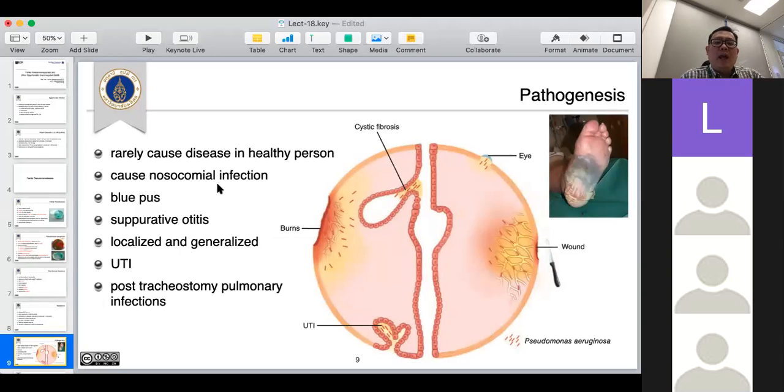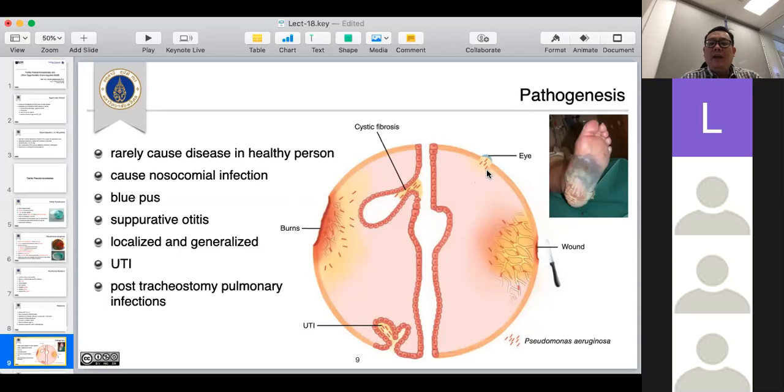Pathogenesis of Pseudomonas aeruginosa: they infect wounds. Once they infect a wound, they cause gangrene. When you hear the word gangrene, you probably think about Clostridium, right? But here the gangrene produces colors, green or blue, in the gangrene. That's characteristic of Pseudomonas aeruginosa. Normally, they will not cause serious problems.